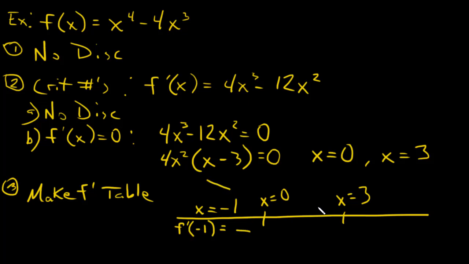Now, a test value between 0 and 3. How about x equals positive 1? If x equals positive 1, I'm going to have positive 4 minus 12. So f prime of positive 1 is also negative.